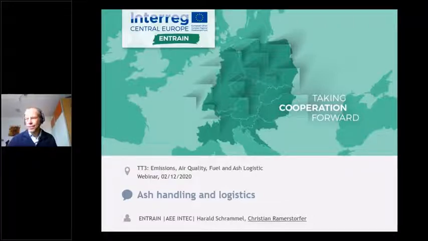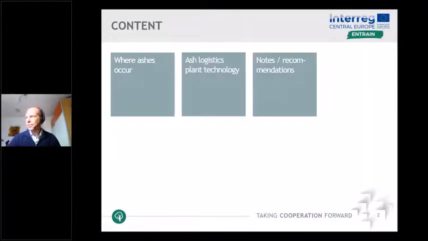I would like to continue with a short look more from a practical point of view on ash handling and logistics, and I will try to do it quick and clean, because although clean is a really good keyword, I think, when it comes to ash handling. So the presentation is structured into 3 short sections.